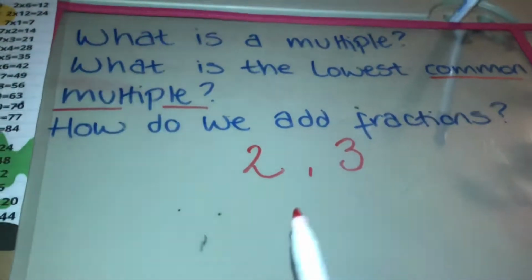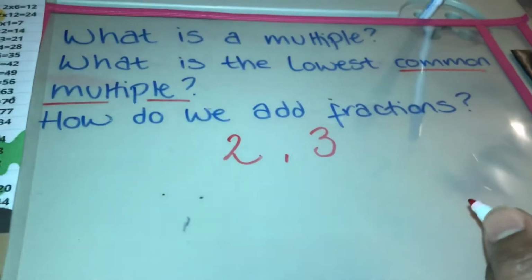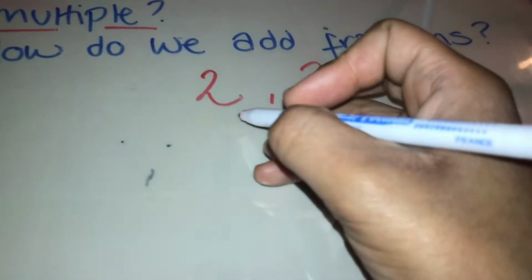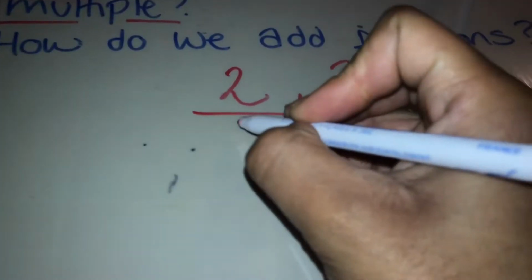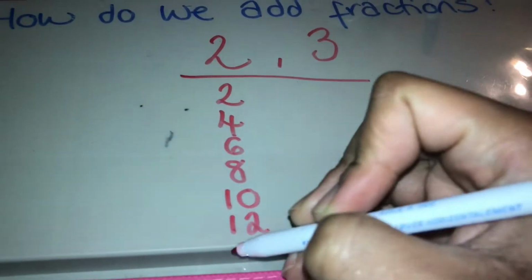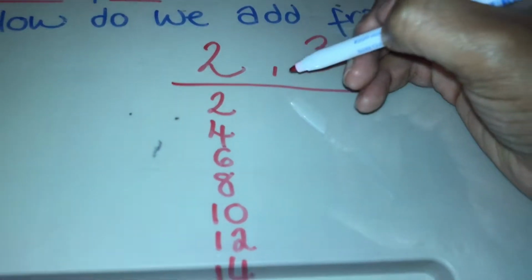Now, what is the lowest common multiple? So what we're going to do, we're going to write out the multiples here so I remember them. 14, I should have added a bit more space.